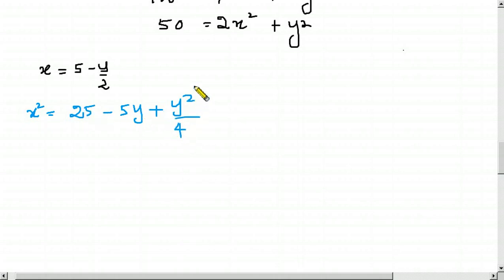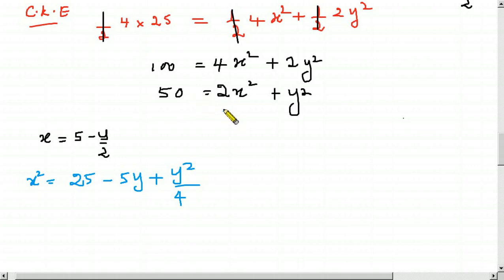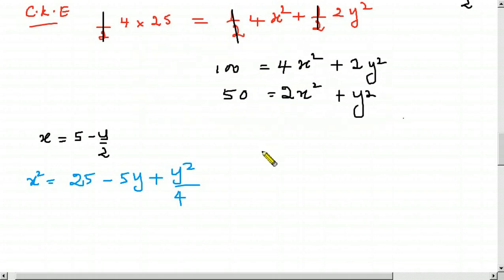So totally this thing, we have to substitute it here. Let us substitute that to where x squared is there.